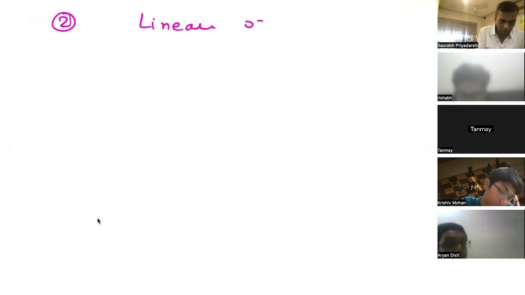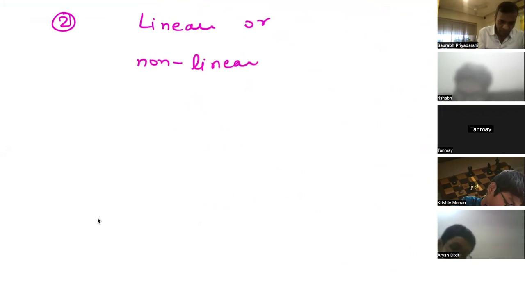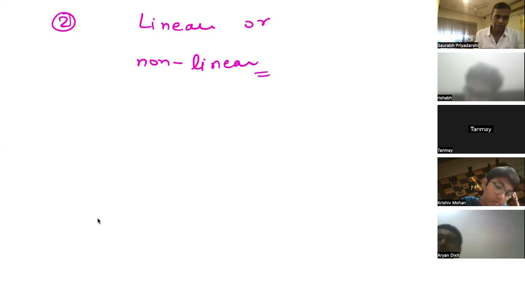Second is called linear or non-linear, right? So if the recursion relations are given in the multiplicative form, something with a plus minus form is a different form.